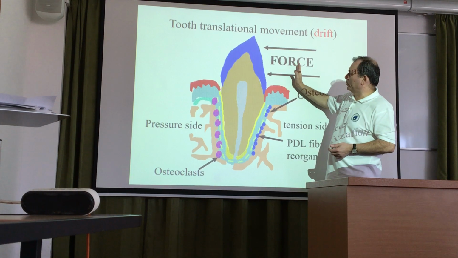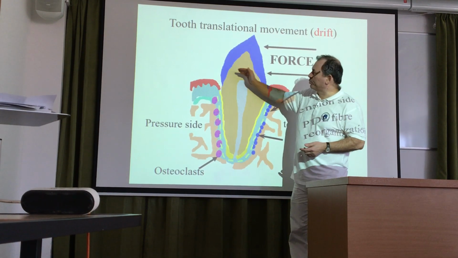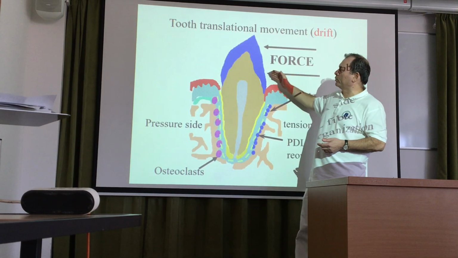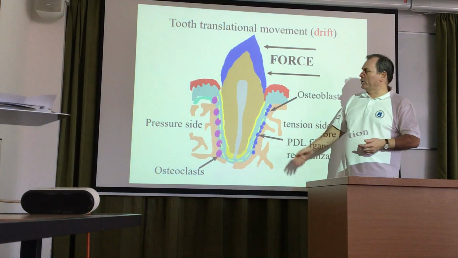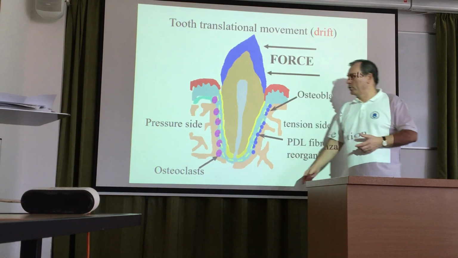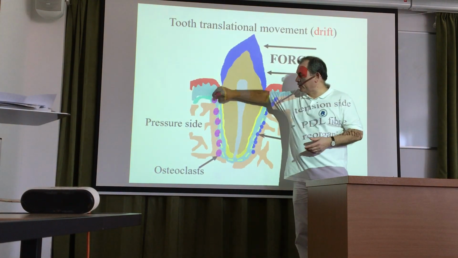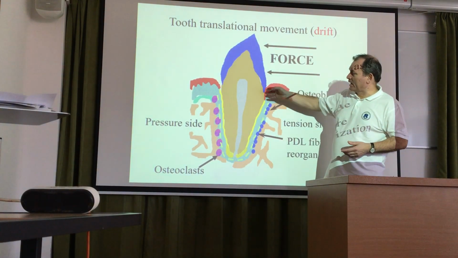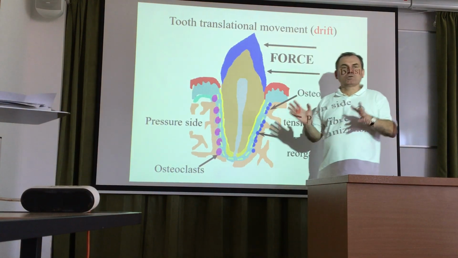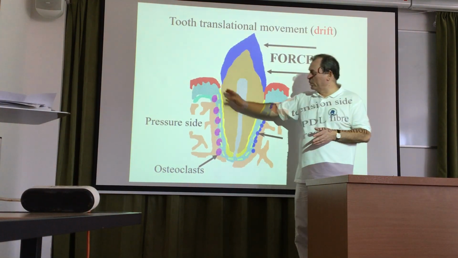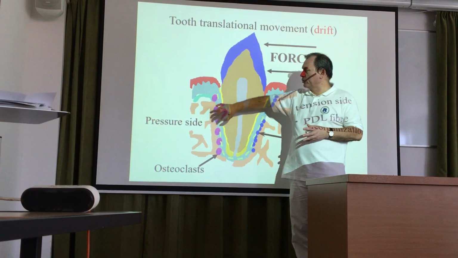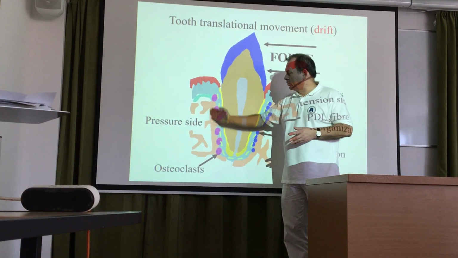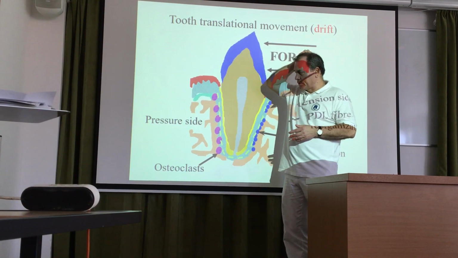When you apply the force buccally, and you press the tooth from the buccal side, you will see that the other side, the inner side, will be the pressure side of the periodontium, because on that side the periodontium is pressed, and there is a blood supply change and mechanical stress in the bone and the surrounding structure.